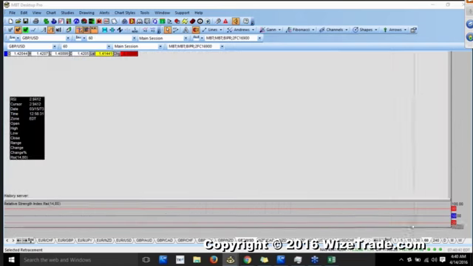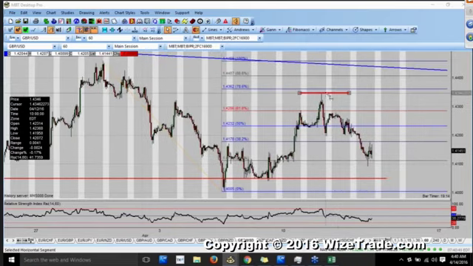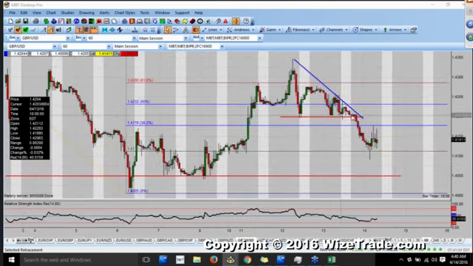Now, resistance. If you missed this yesterday, this is a wedge. Shot that out to the guys and gals in the chat room. We had a bearish wedge in the cable. That breakdown was pretty easy to read, and it all happened in Asia, right after the New York close, so I'm talking in the dead zone.